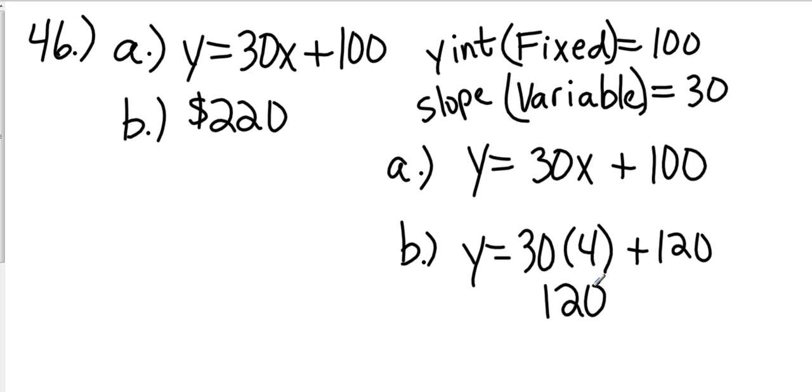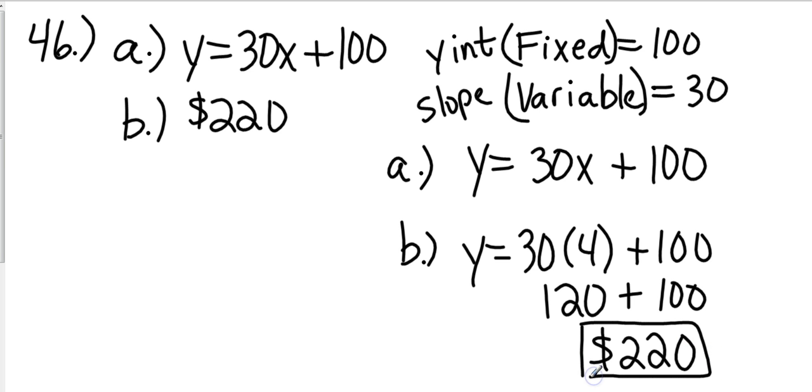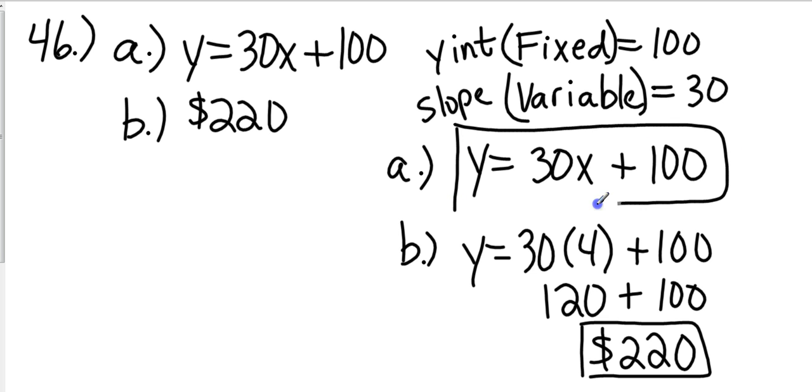Oh, excuse me, that should be 100. I'm getting ahead of myself. And 120 plus 100 gives me a total cost of the facility at $220. Yes, I should put a box around those. Okay, fixed cost and variable cost.